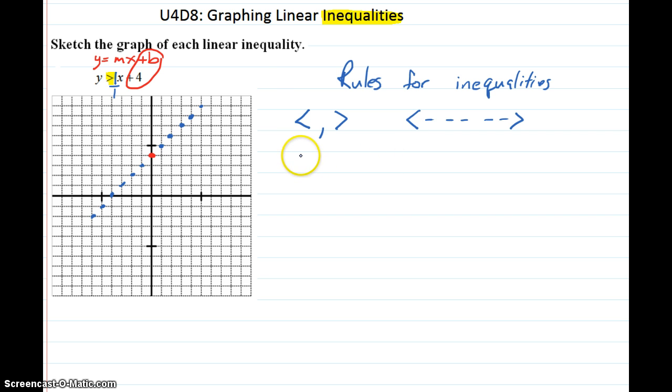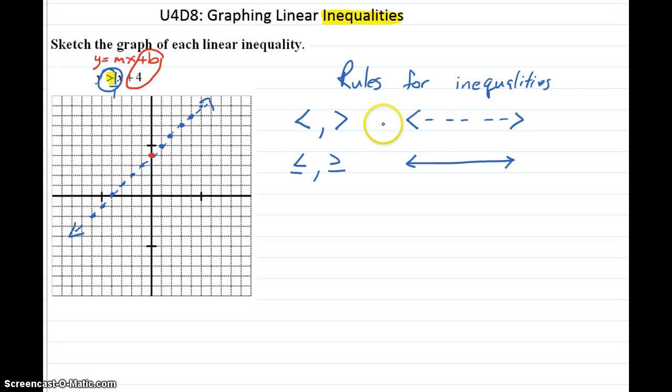If it's less than or equal to or greater than or equal to, we will end up drawing a solid line. So as we look at the symbol now, we see the symbol is a greater than, and so this is going to end up being a dashed line. We just kind of connect the dots with the dash. And so now here's our dashed line.